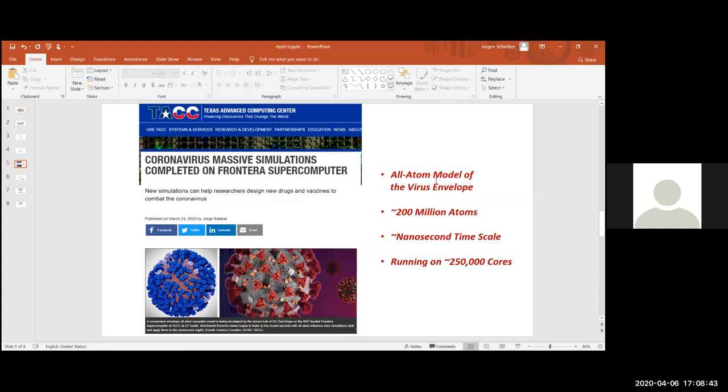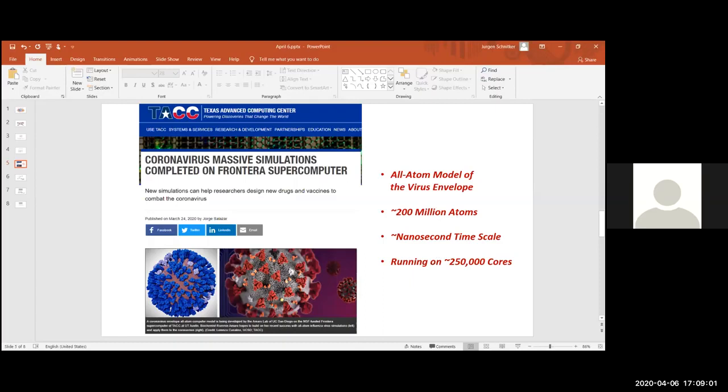So this is apparently an all-atom model of the virus envelope, not the complete thing. That would be even much bigger. But already this 200 million atoms, they have simulated this. Apparently, they got to a nanosecond time scale, and this was all run on 250,000 cores.